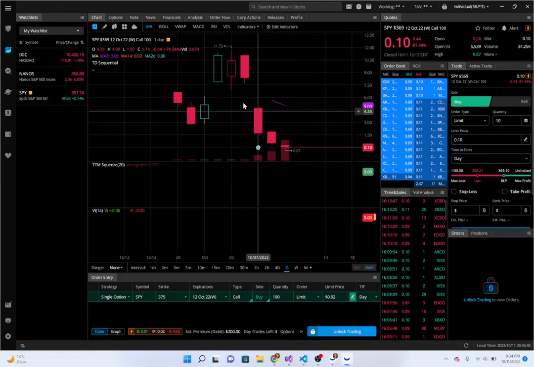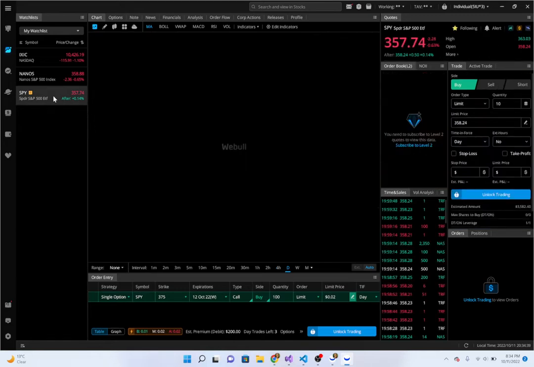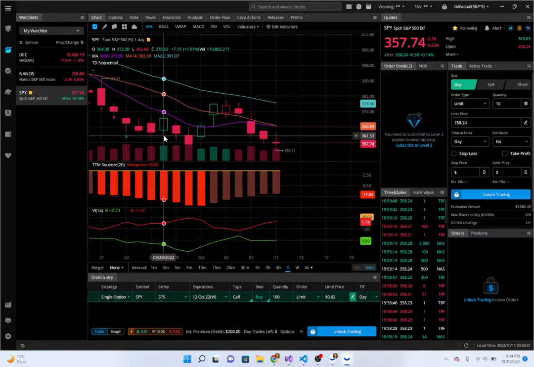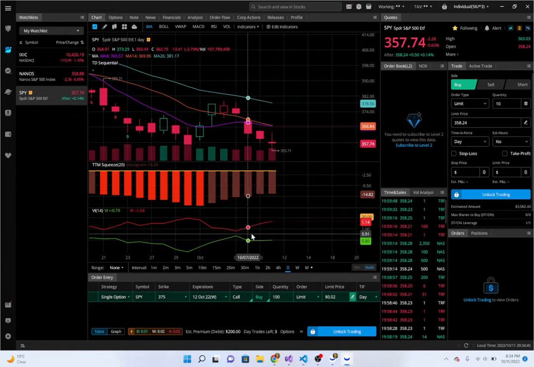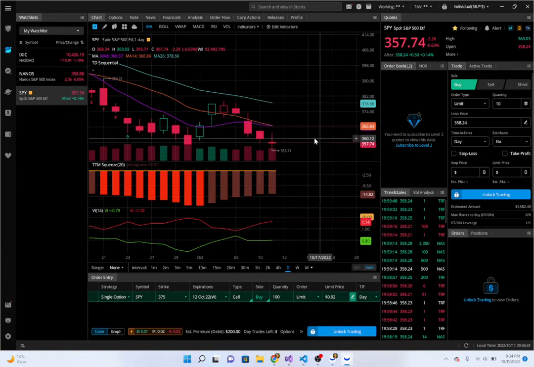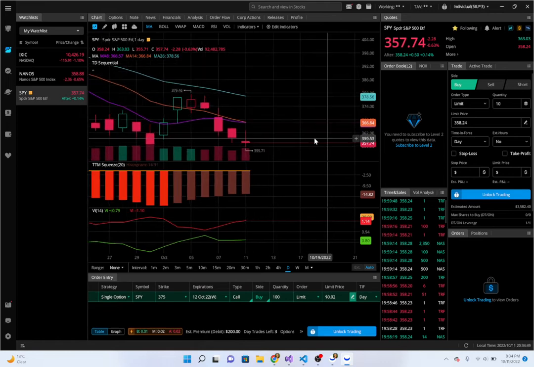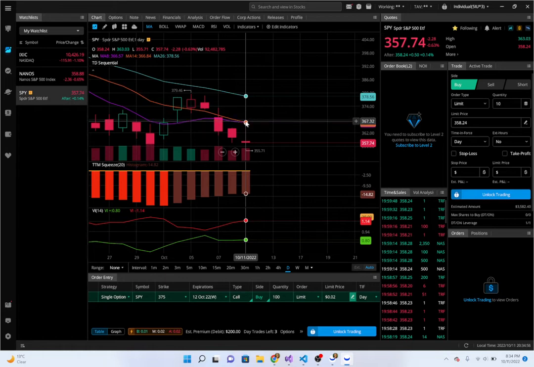You see. So on the chart, I'm gonna click on the SPY. Unfortunately, the last candle was not hollow, but there is still a possibility that SPY will go up. Why? Because see how these two moving averages are closing together right here.